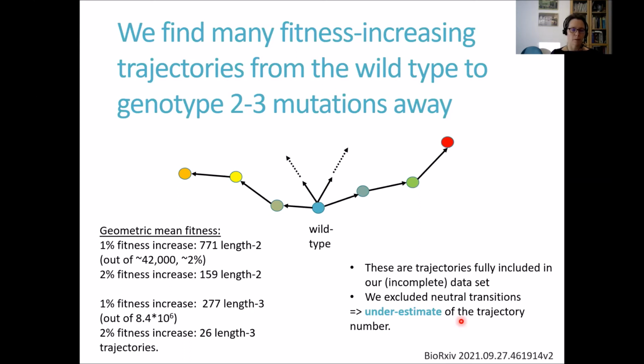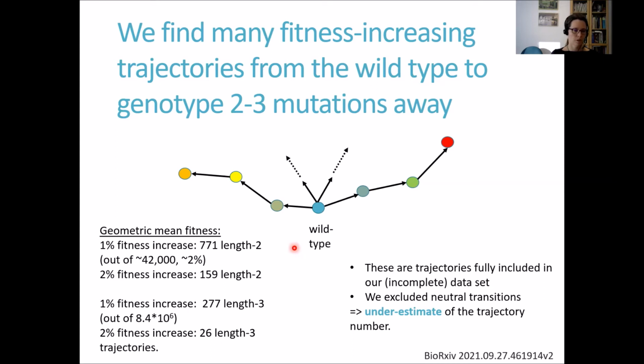We simply mapped all the evolutionary trajectories leading from the wild type to the fitter double and triple mutants. And then we asked how many such trajectories are such that fitness increases in every single step of them. Okay, so we go up here, here, here, and here. Same here. So we did this, I'm showing here the numbers for the geometric mean fitness.